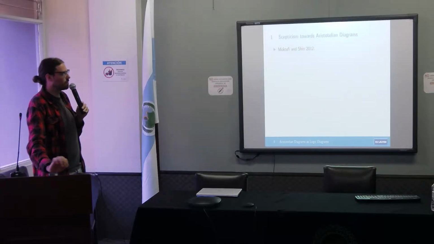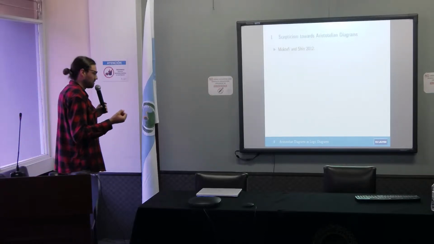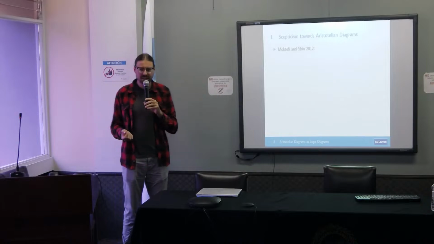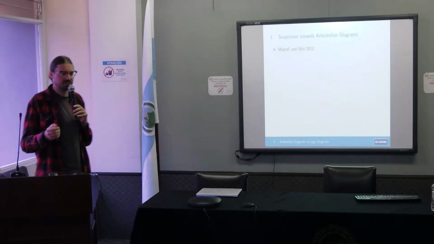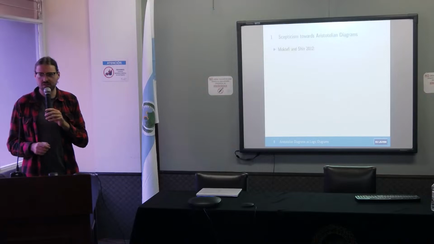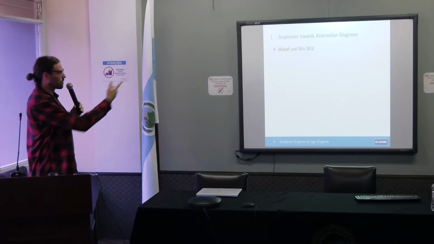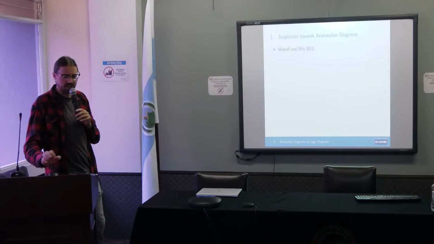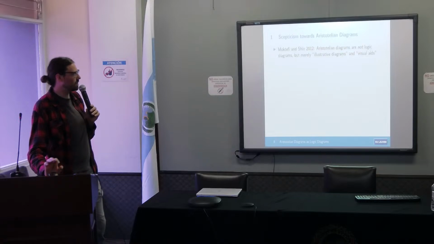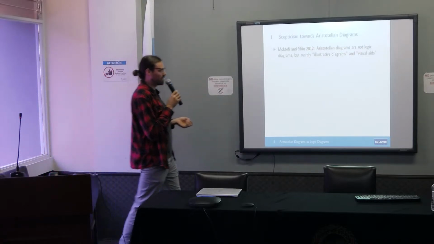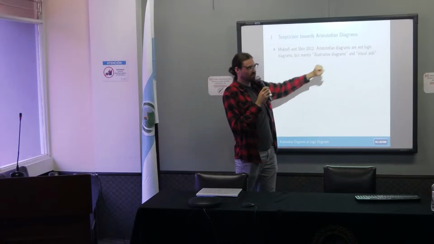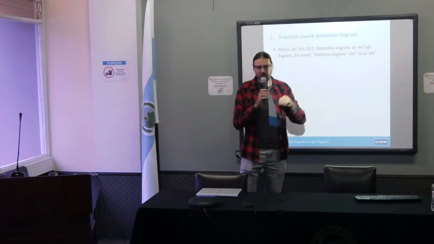Okay, so far for logic diagrams. Now in my eyes, a very strange thing is that in this tradition, there's a huge skepticism towards Aristotelian diagrams and towards the square of opposition. So, for example, MacAfee and Shin, from whom I got the definition of a logic diagram, write that Aristotelian diagrams are not logic diagrams, but merely, and they literally use these words, illustrative diagrams, merely visual aids.